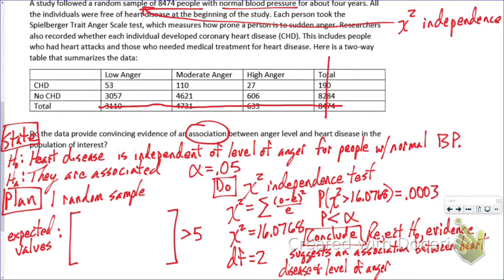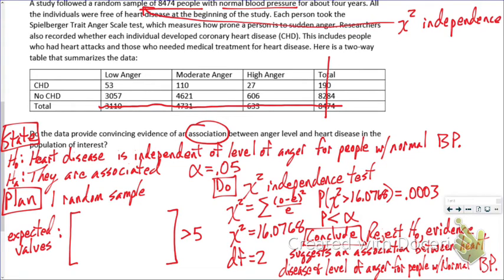I have room to write it for people with normal blood pressure. Oh, barely had room.